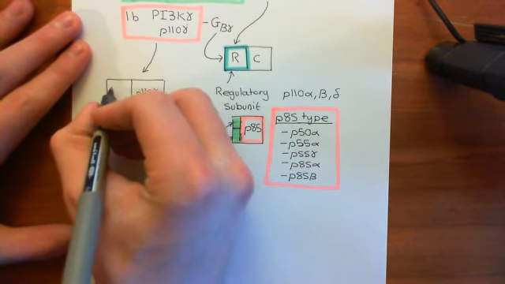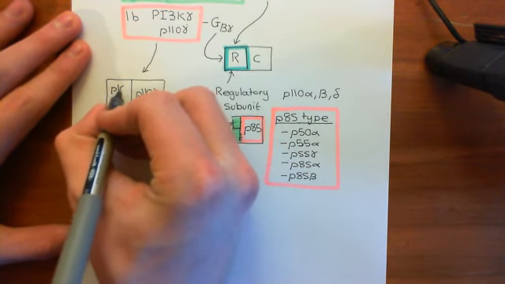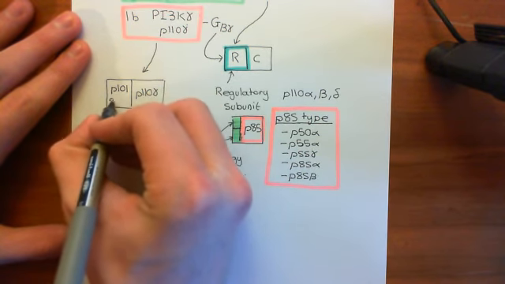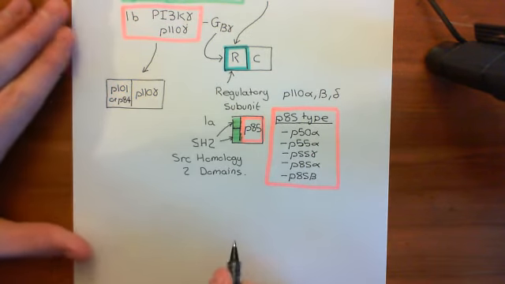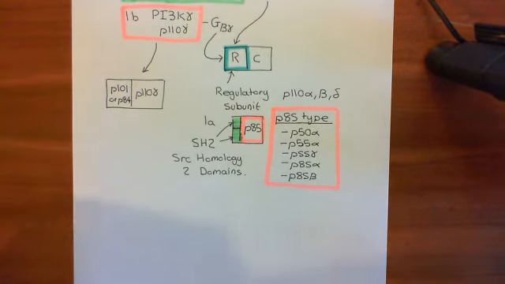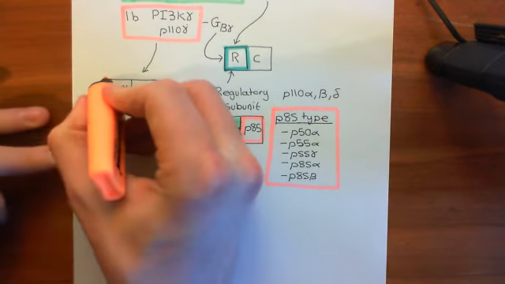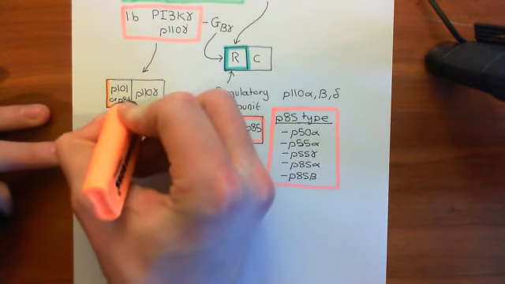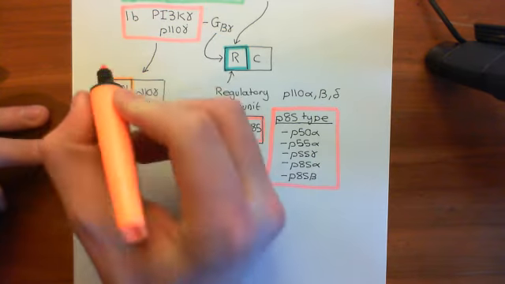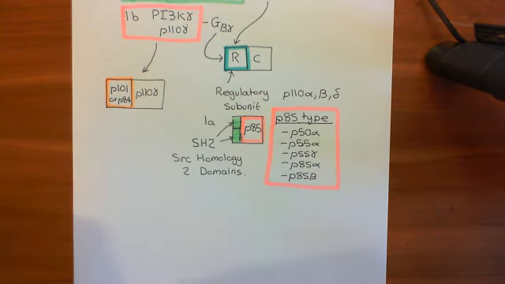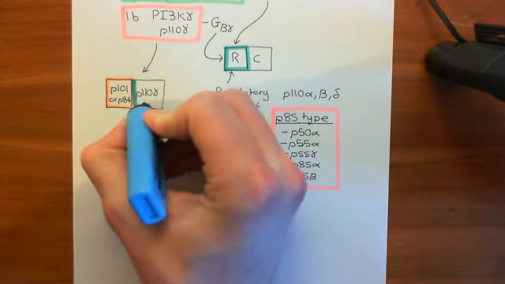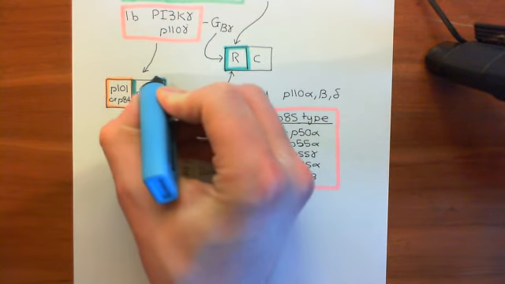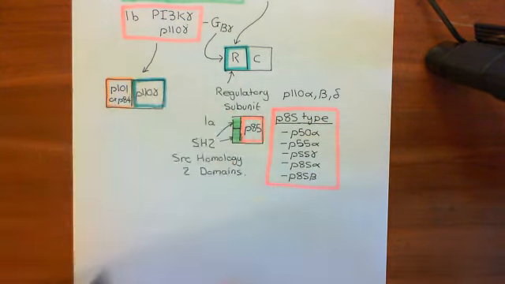But your regulatory subunit can either be P101 or it can be something called P84. Okay, so there are 2 options there, P101 or P84. And this time you do not have an SH2 domain in. Okay, so you do not become activated by receptor tyrosine kinases. So these type 1B PI3 kinase enzymes are not going to be of interest to us.